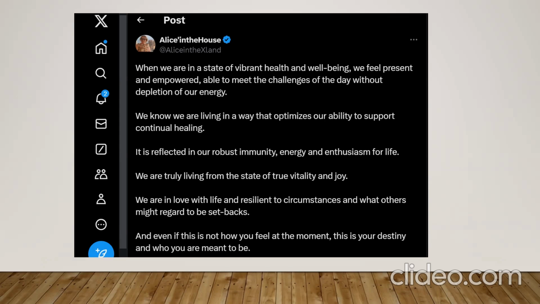It's reflected in our robust immunity, energy, enthusiasm for life. We are truly living from the state of true vitality and joy. We're in love with life and resilient to circumstances and what others might regard to be setbacks. And even if this is not how you feel at the moment, this is your destiny and who you are meant to be."